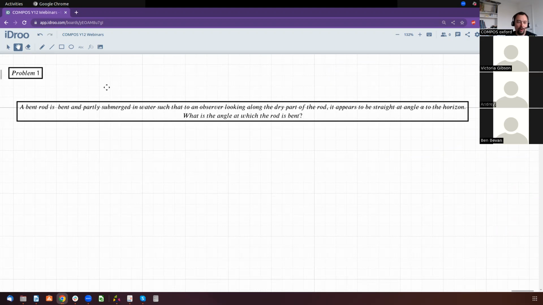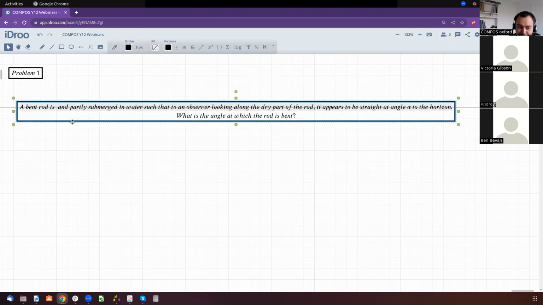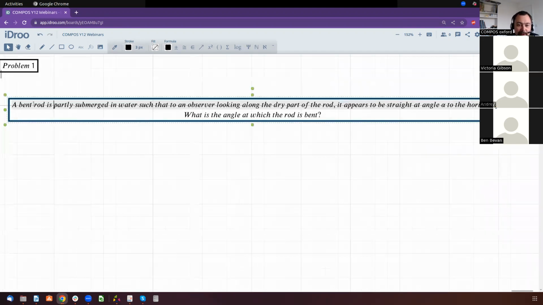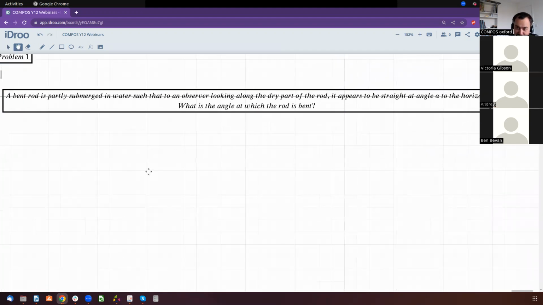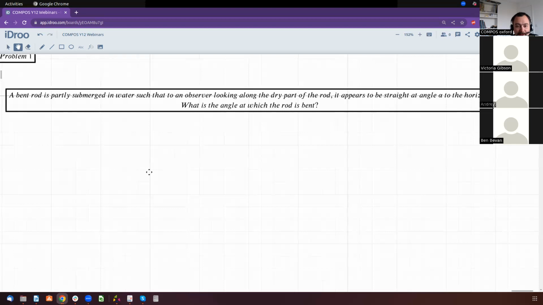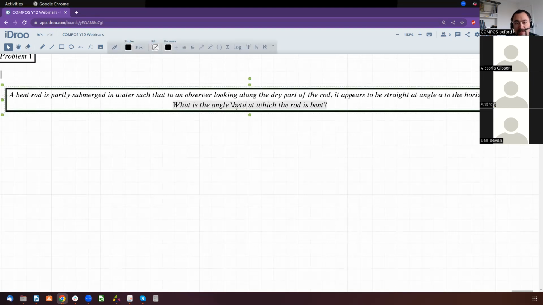A bent rod is partly submerged in water such that to an observer looking along the dry part of the rod, it appears to be straight at an angle alpha. What is the angle beta at which the rod is bent?